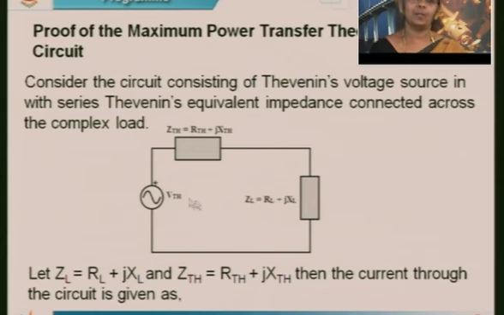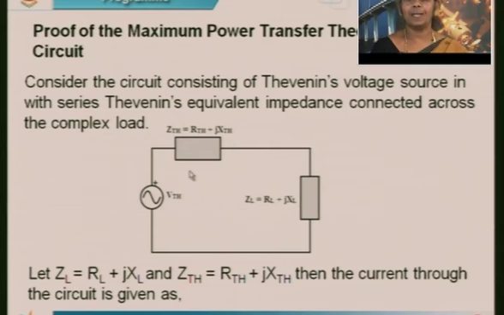Then how to find out the current through the circuit? Once again, the current through the circuit I is equal to V Thevenin divided by the sum of these two impedances. Since these two impedances are represented in their rectangular form itself, it's easy to find the equivalent impedance. What is the equivalent impedance? Z Thevenin plus ZL, which is nothing but R Thevenin plus JX Thevenin plus RL plus JXL.